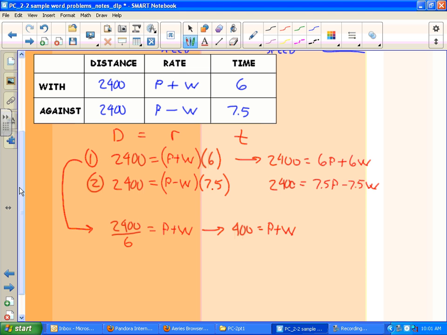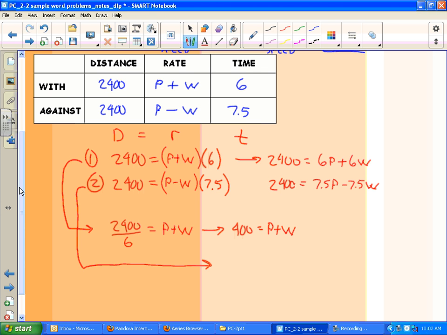Has he violated any universal laws of mathematics by doing that? Yes or no? No. He didn't violate anything. And equation 2 would then simply become 2400 divided by 7.5, so you got to give me the decimal of that, would equal P minus W. And then I can go work out the problems from that.